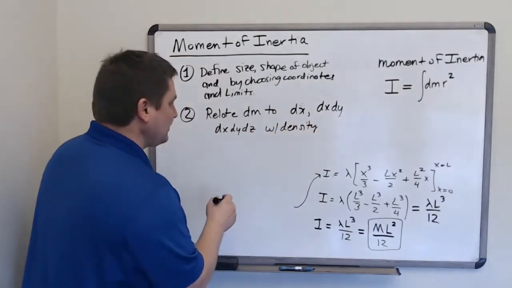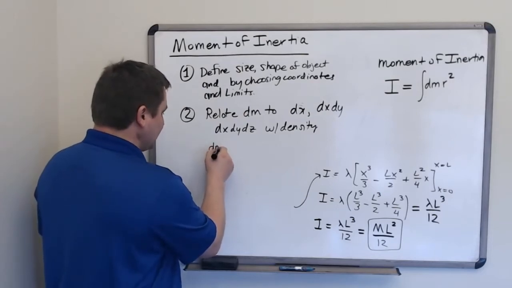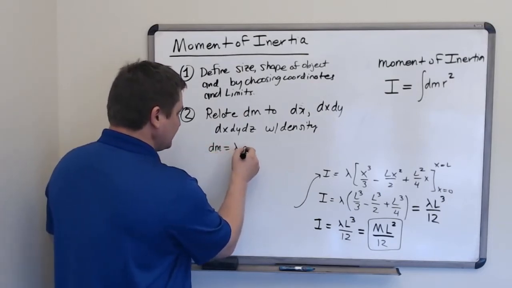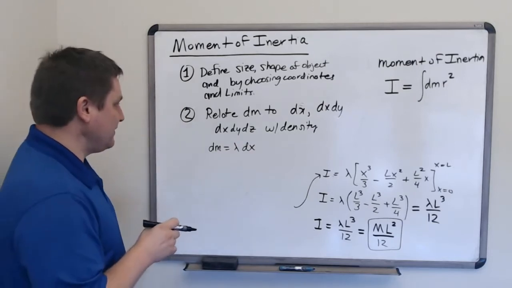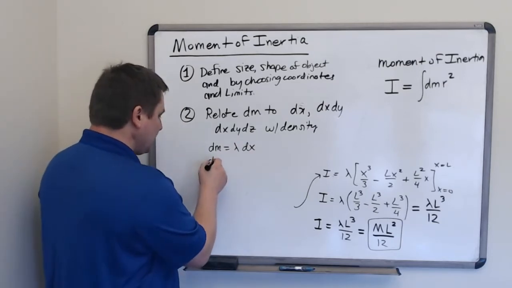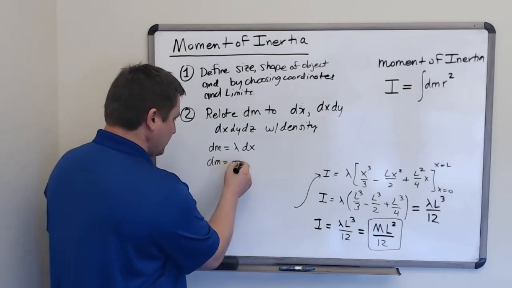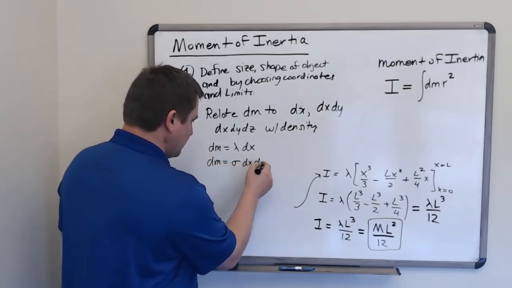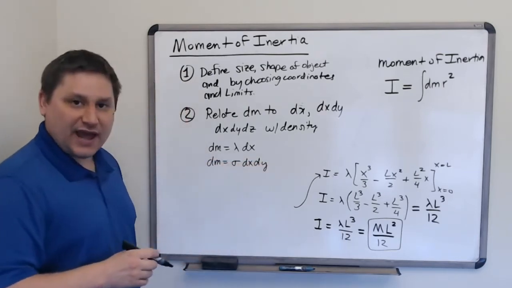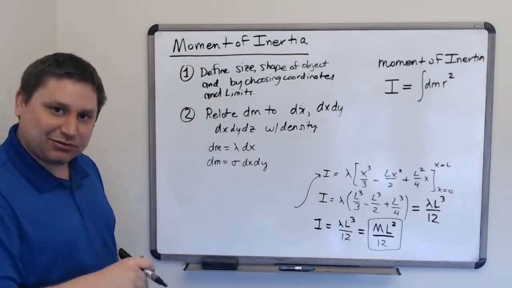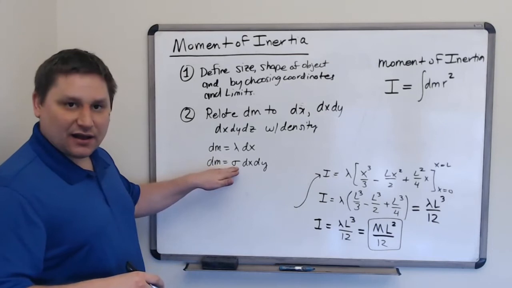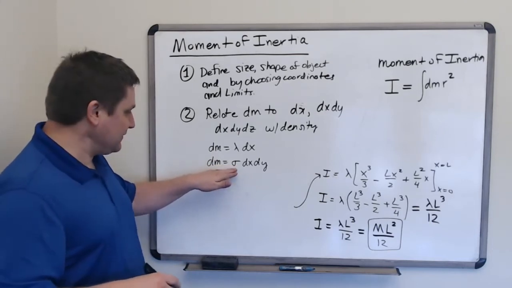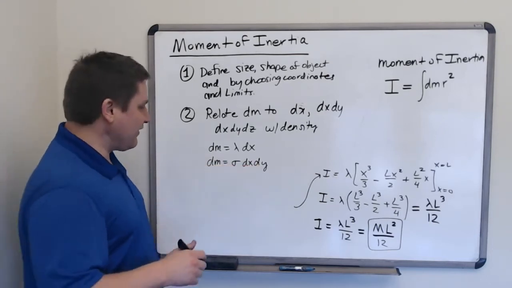So what this would look like is, in terms of length, dm is equal to a linear mass density times a small width in position. In terms of areas, if the object is a flat planar object, we can write dm as a surface density times a small chunk of area, dx dy.